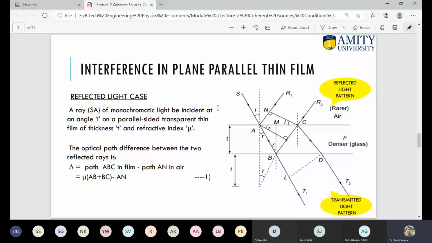Or if you observe a soap bubble at different angles, then you see colored fringes or colored bands.